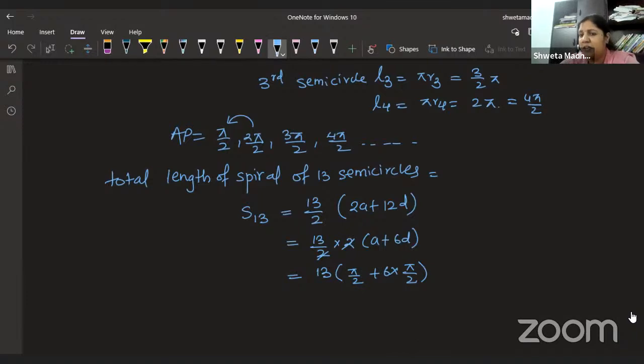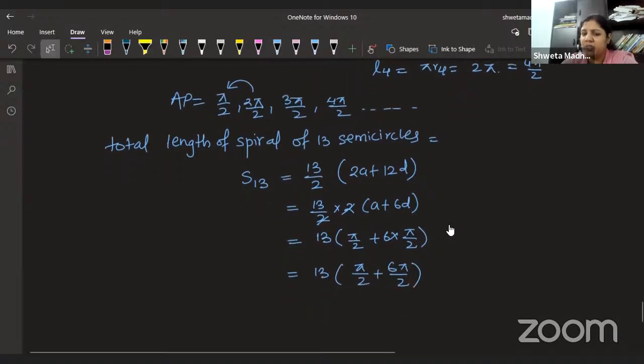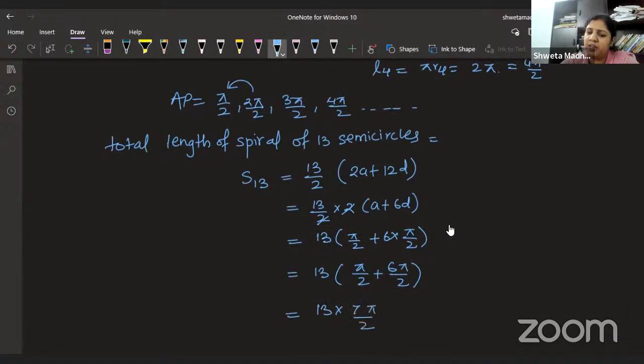By keeping pi, it will become easier for you. So don't divide this 2 and 6. 13 into pi by 2 plus 6 pi by 2. So that addition will become easier. So 13 into 7 pi by 2.